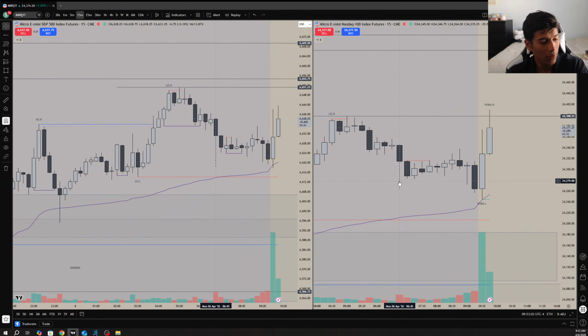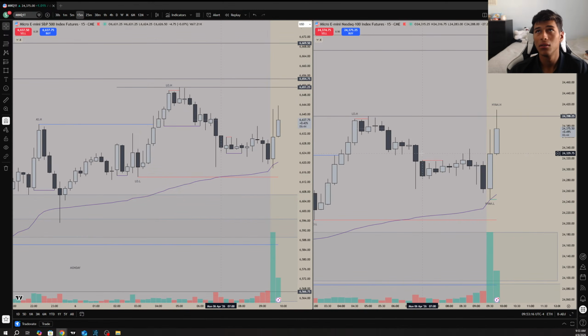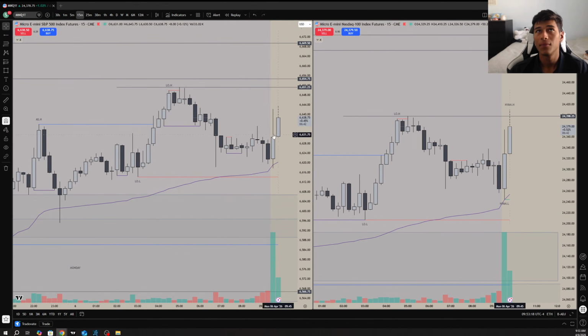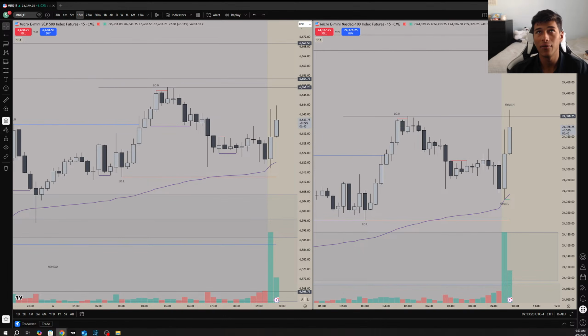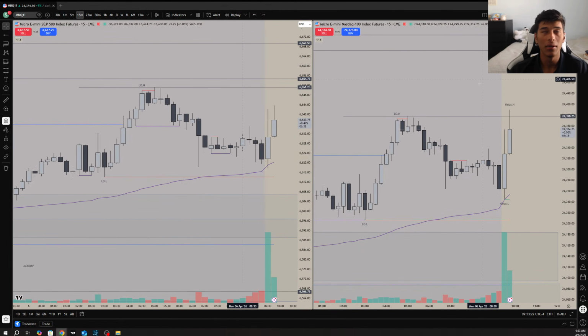Yeah, that's the thing though. If you look at individual stocks right now, no stock is moving, so it makes it very hard for this index to move if the stocks aren't moving. I mean, we are going to form an SMT divergence though, clearly.